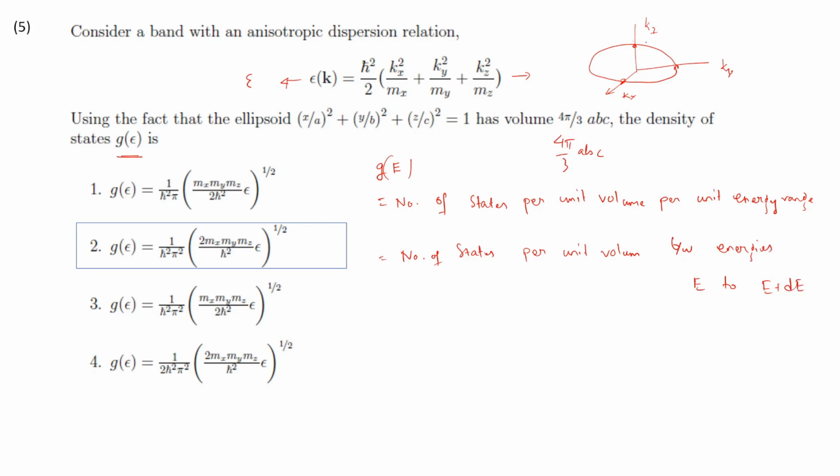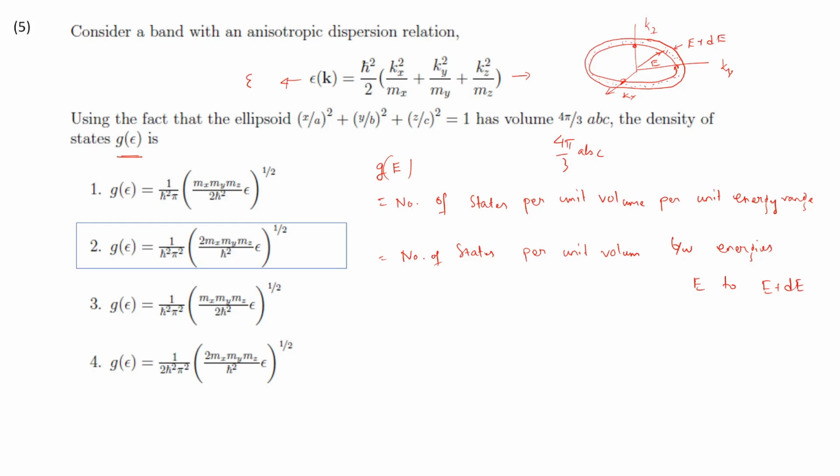If we take two different energy cells, the energy of this is E and the energy of this is E plus dE, then what is the number of states available in this particular cell?